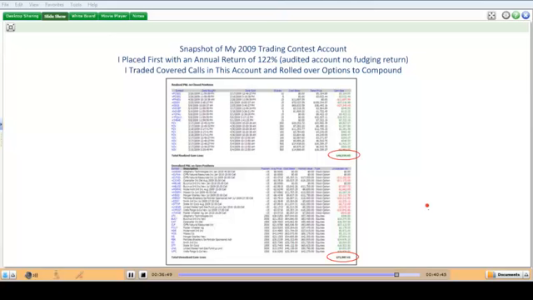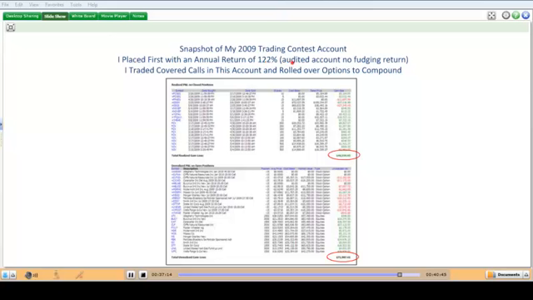So that year I had a 122% return from trading these covered calls, and that worked out to be about $122,000 profit. Again, these returns are audited, so there's no fudging these returns. So I had 122% that year.